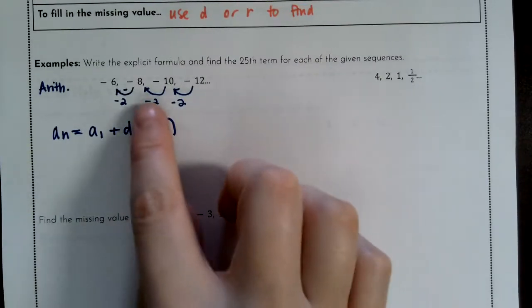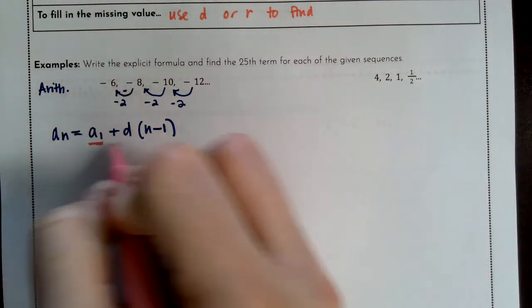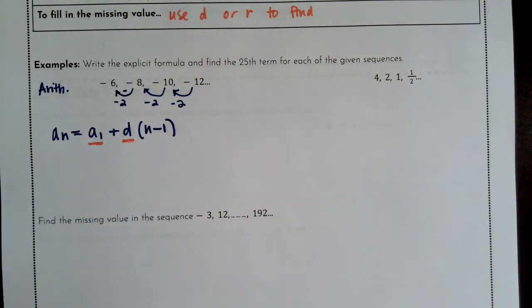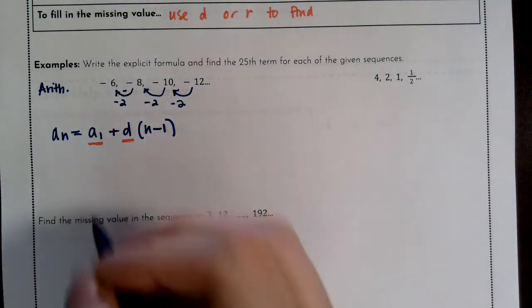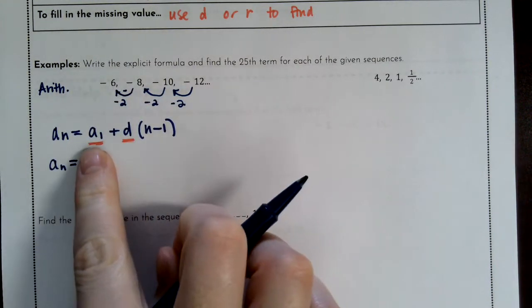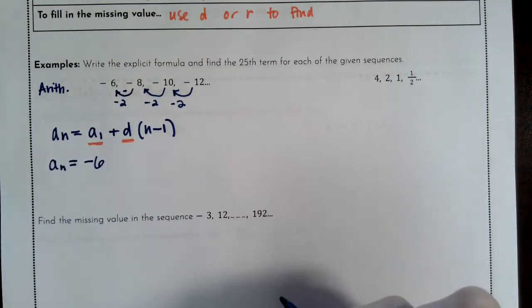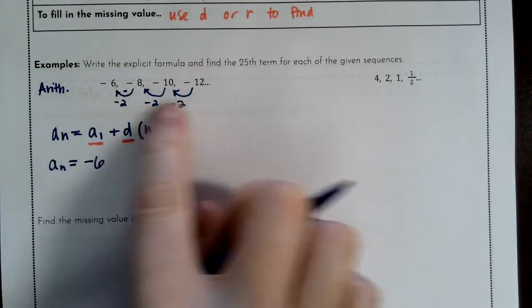When I'm writing the explicit formula, you fill in a sub 1 and d, and then simplify. Those are the only two things you can fill in for the explicit formula. So we're going to leave a sub n as it is. A sub 1 is the first term. It just means the number out front. So this is -6. And then d is our common difference.